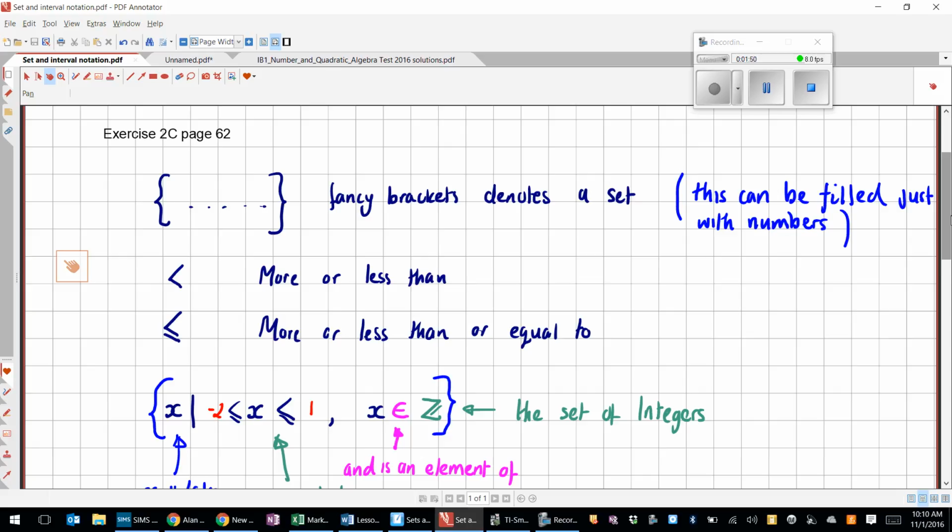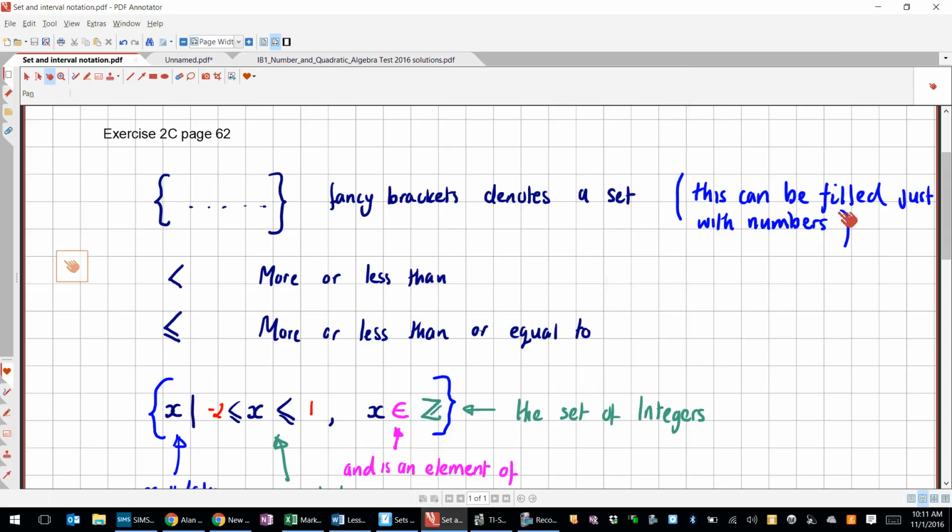Now, I've written a little note here. The brackets could have just a list of numbers, like 2, 3, 4, 5, 6, and you'll see that when you look at the exercise. So it could just have numbers, but it could also have interval notation.